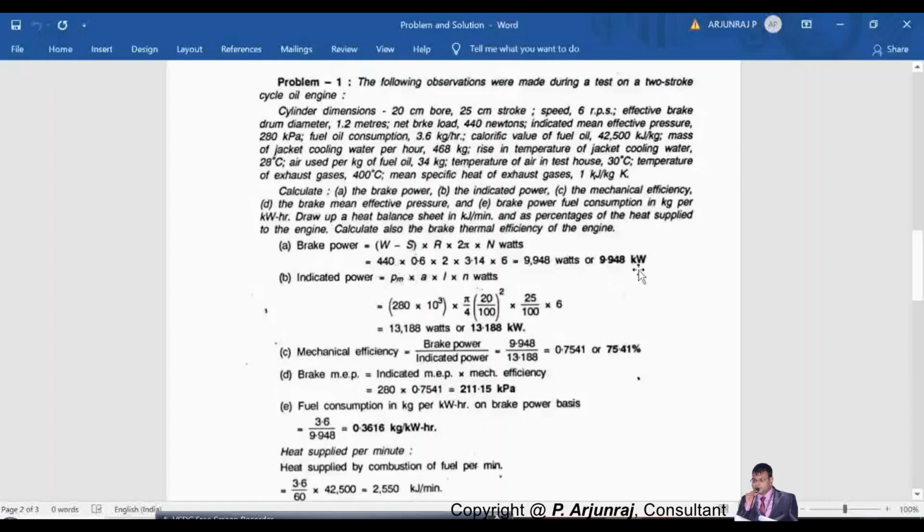The next important thing is the indicator power, where the formula is P L A N by 60,000, where P is the mean effective pressure, A stands for area, L is the length, and N is the speed.